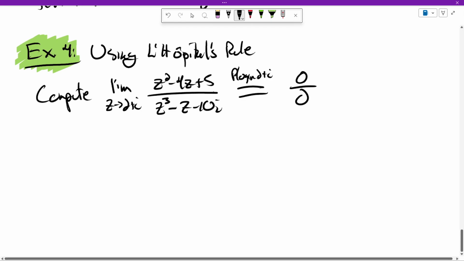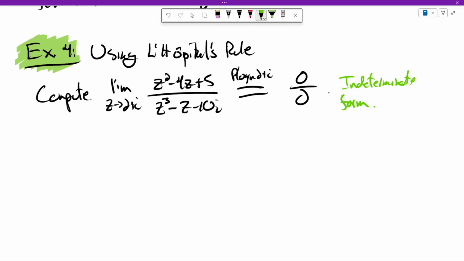I'll leave that to you to check. This should look familiar. This is usually called an indeterminate form, which is not necessarily the case that the limit doesn't exist. It matters how the functions approach it, how they get close to 0.